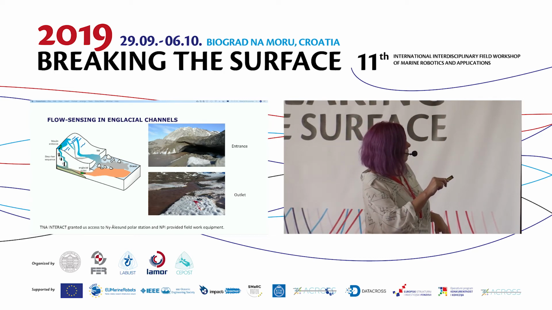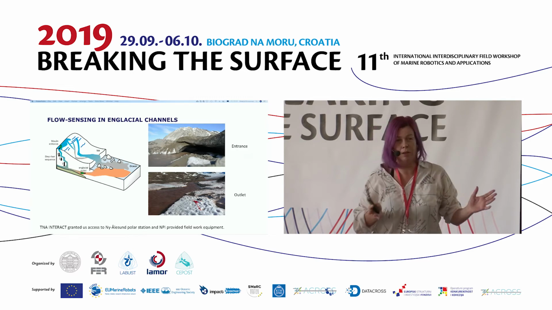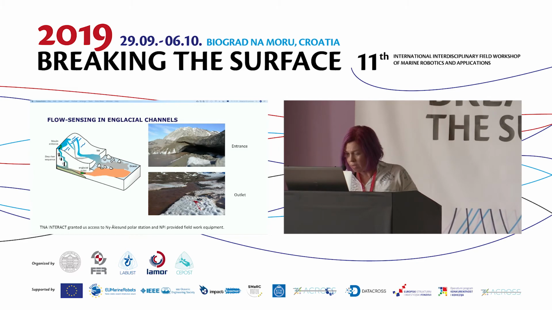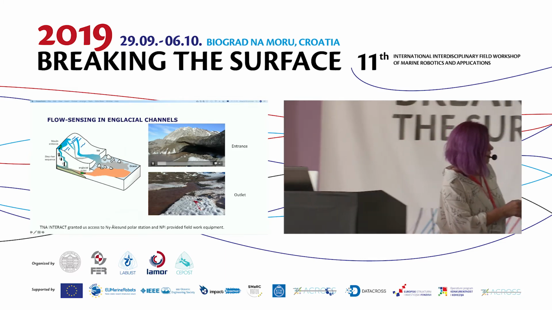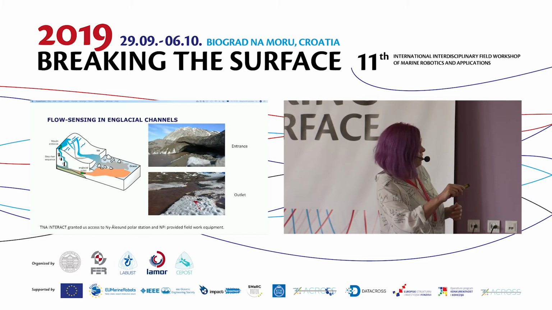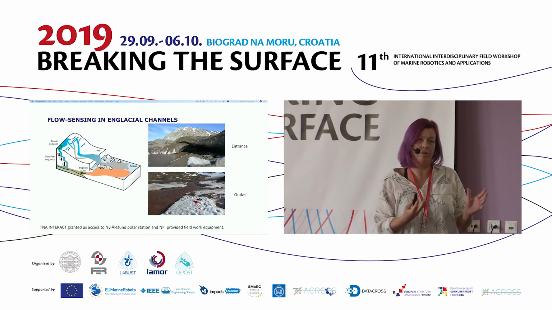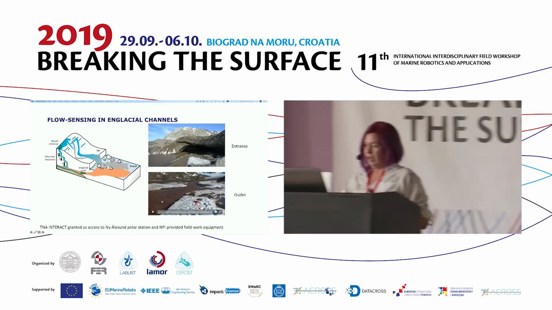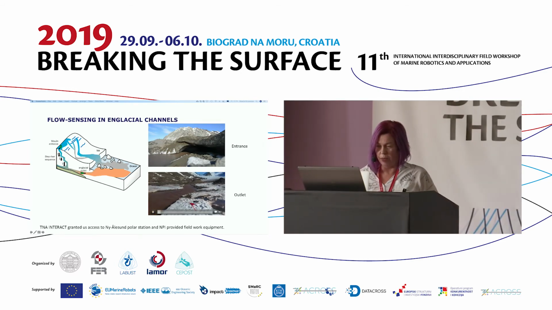So in the middle there is a channel which nobody knows what it looks like, and this is where we have thrown drifters into the channel. It's a channel input here up on the top, and between input and outlet there is about 1 kilometer. So it keeps traveling, and eventually it comes out from here.